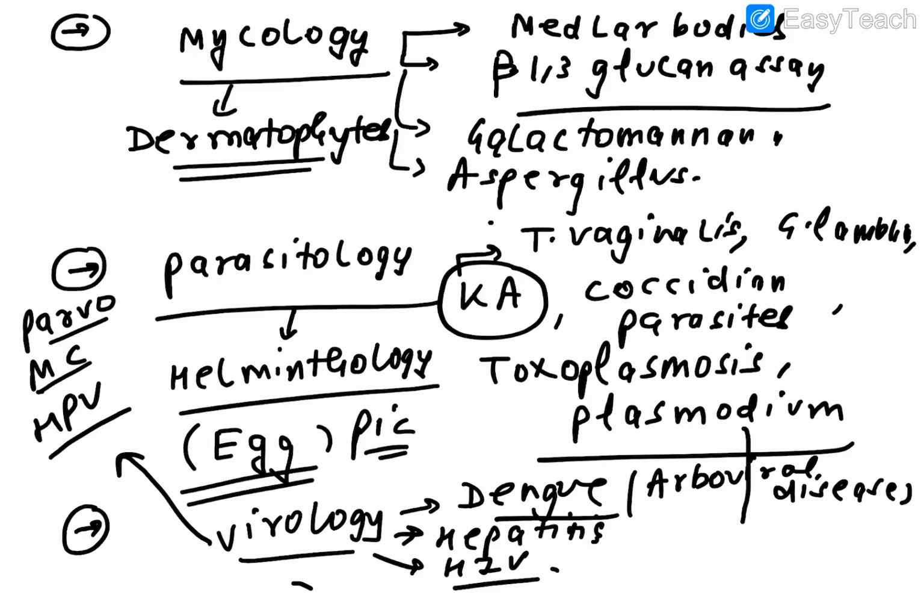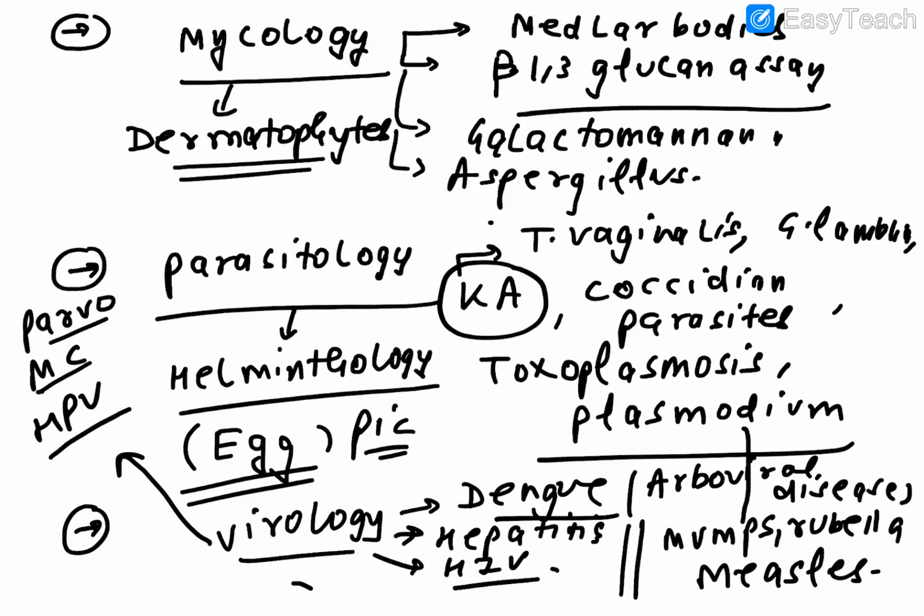Influenza, don't forget about influenza. Along with that, those favorites in pedia also, that is mumps, rubella, and the most hot favorite is measles. Don't forget them. RSV. All these you need to have a look at before going in.